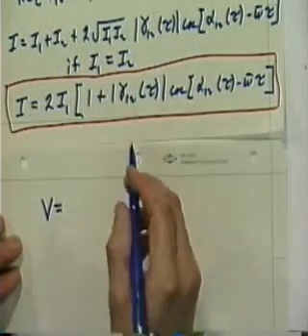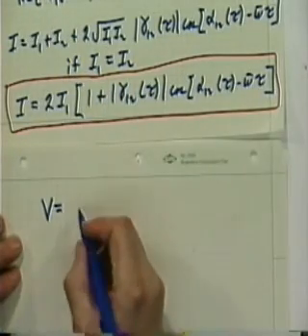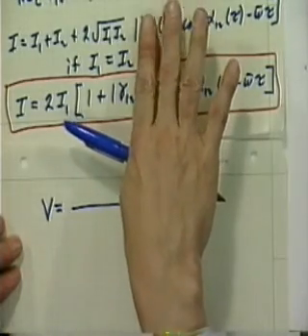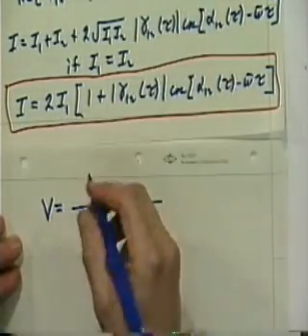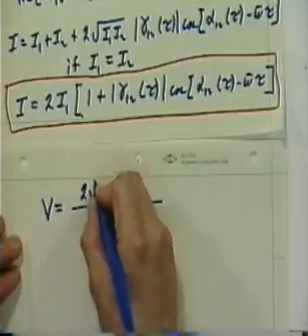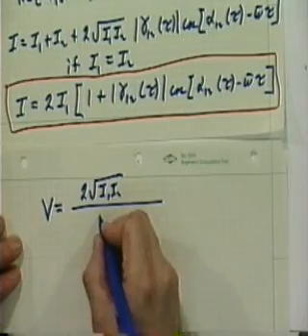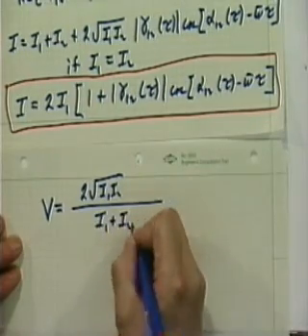And so we could write that as, well, normally if gamma were equal to 1, we would have 2 square root of I1, I2 over I1 plus I2.